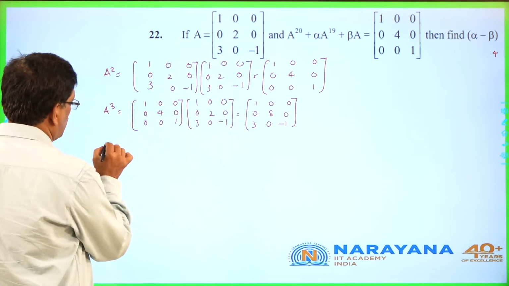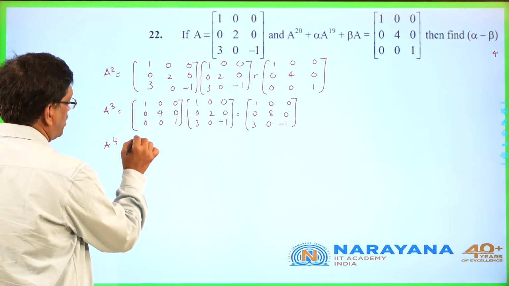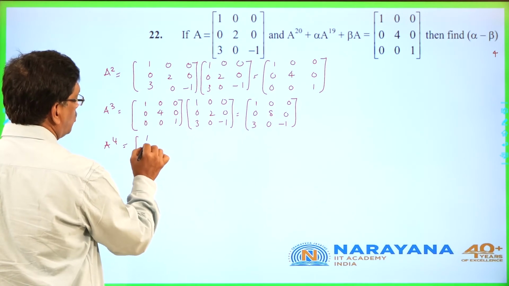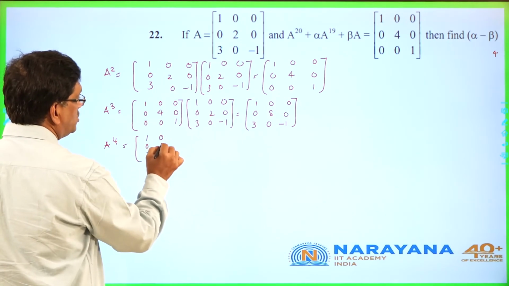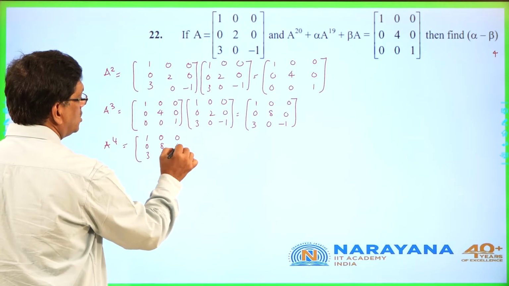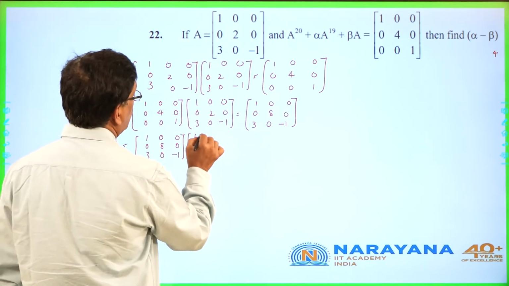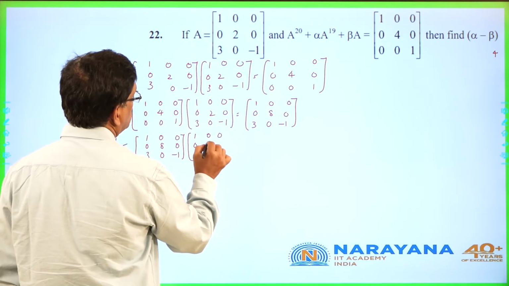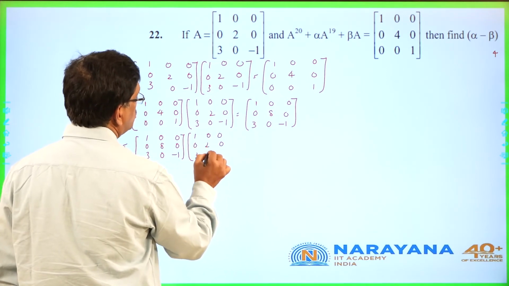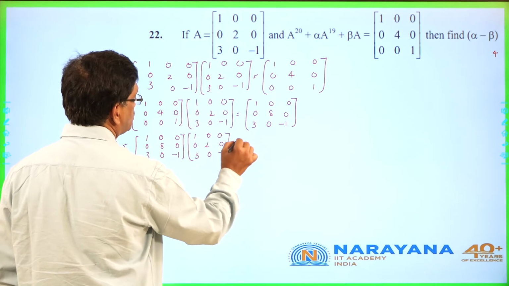Let us find out one more, that is a power 4. That is like this: 1, 0, 0; 0, 8, 0; 0, 0, minus 1 into 1, 0, 0; 0, 2, 0; 3, 0, minus 1.